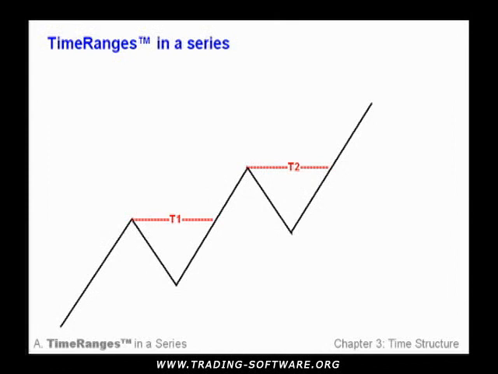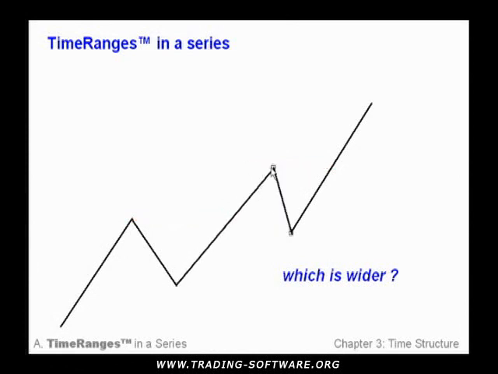When you're comparing time ranges in a back-to-back measured move scenario, you have time ranges in a series. The question that needs to be answered is, which time range is wider? In this scenario, T1 is wider.